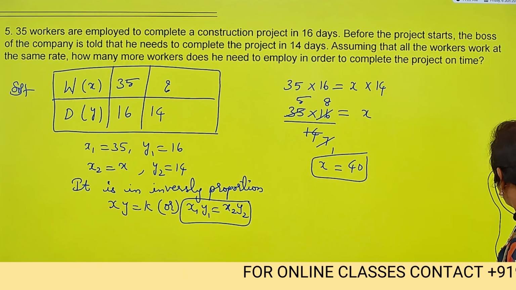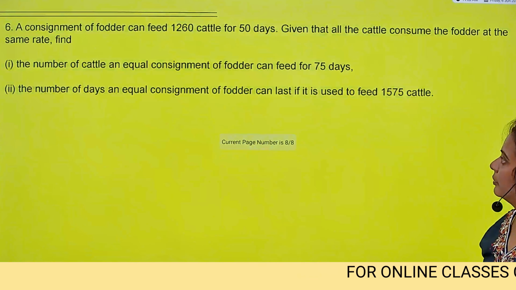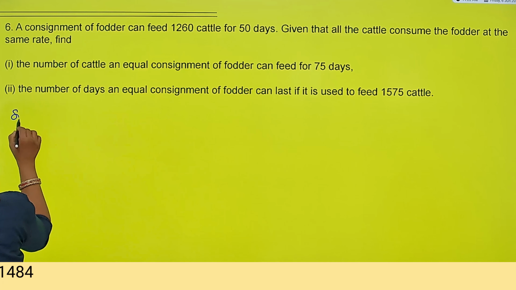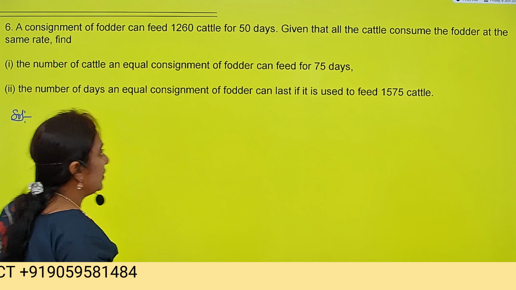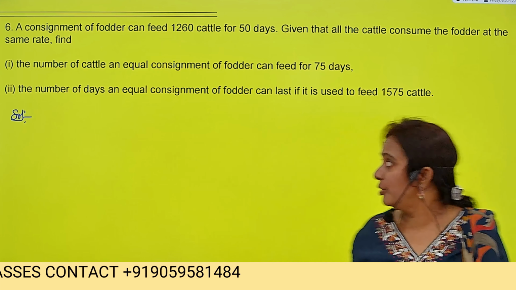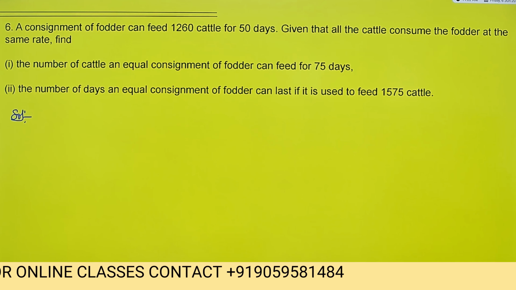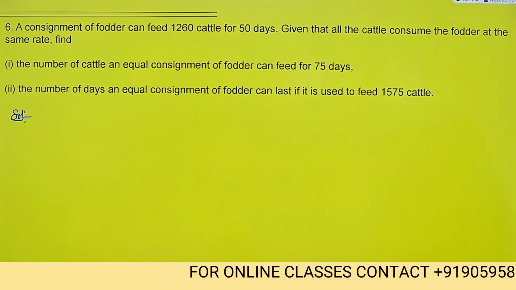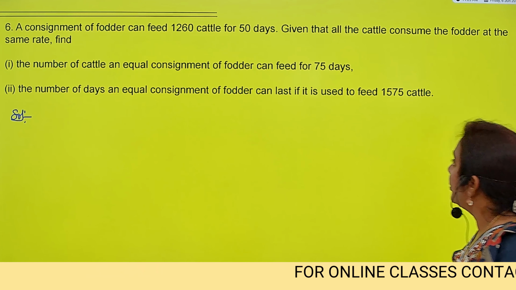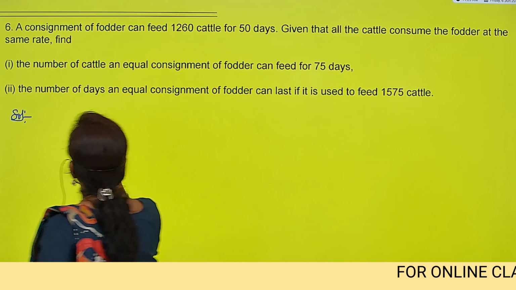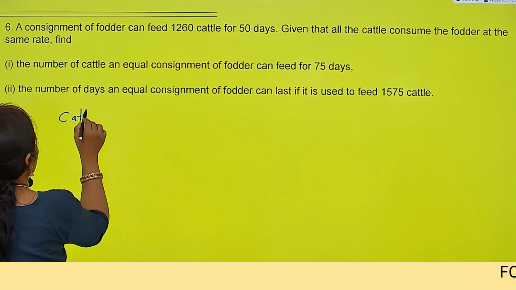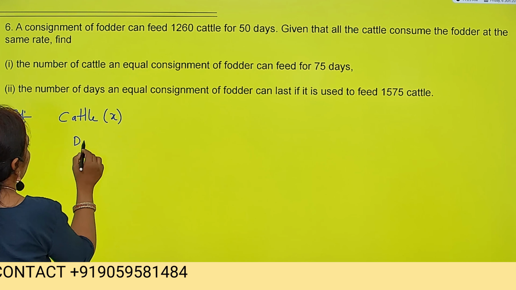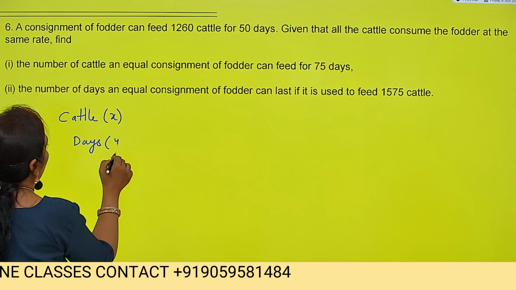Next question. Sixth one. What is the question of 6? A consignment of fodder can feed 1260 cattle for 50 days. So here the number of cattle is variable x and days is variable y.